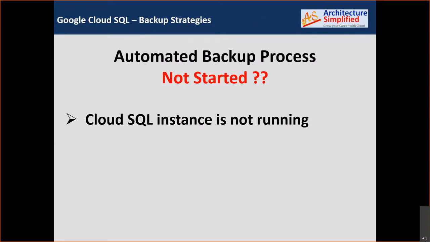So if you want your backup to be taken, it should be up and running for the last 36 hours. When you configure your automated backup, you need to specify a duration. Usually the backup is done in a 4 hour window. If during this time your instance is not running, the backup will not be taken.